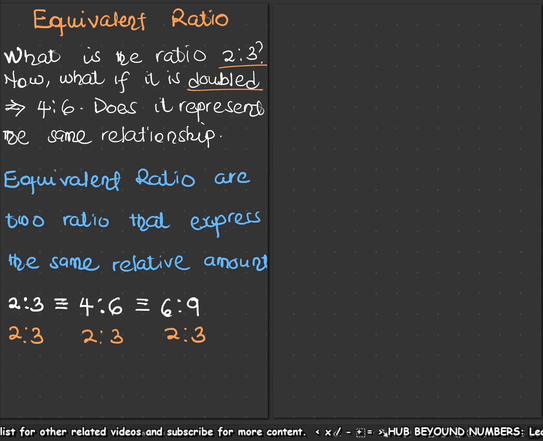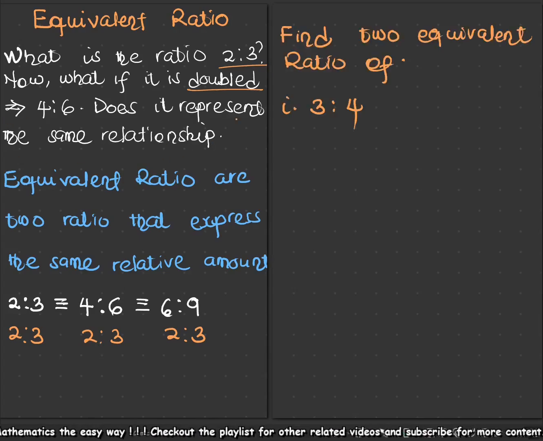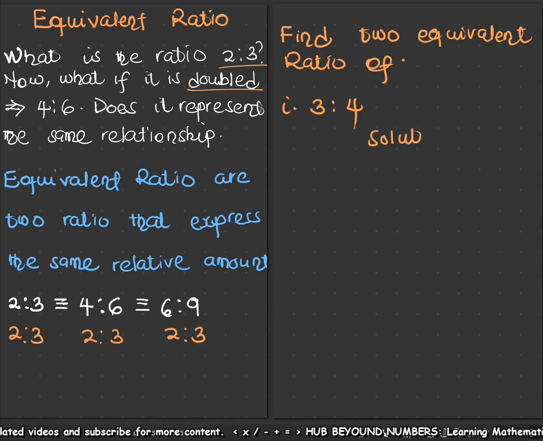Now, with that understood, how do we get equivalent ratios? We have to find equivalent ratios for 3 is to 4. If you want equivalent ratios, how do we go about it?